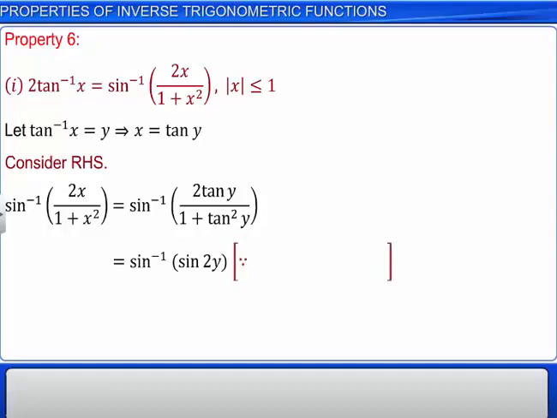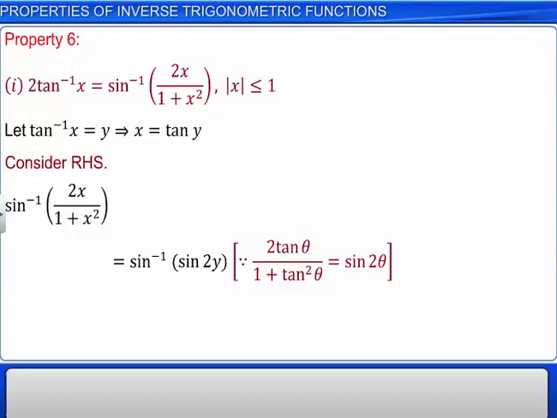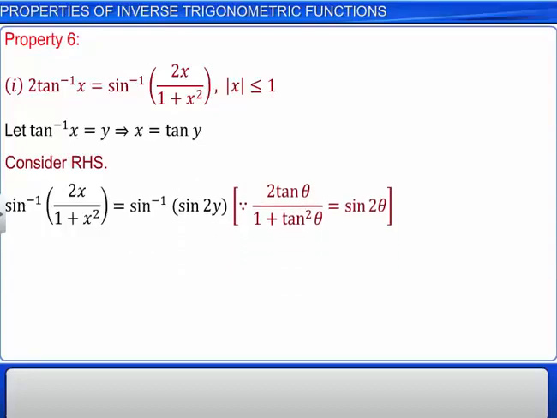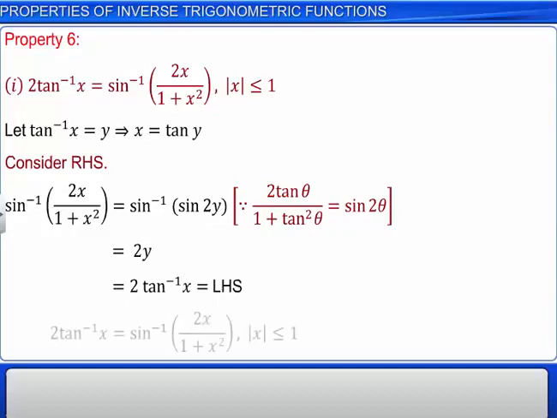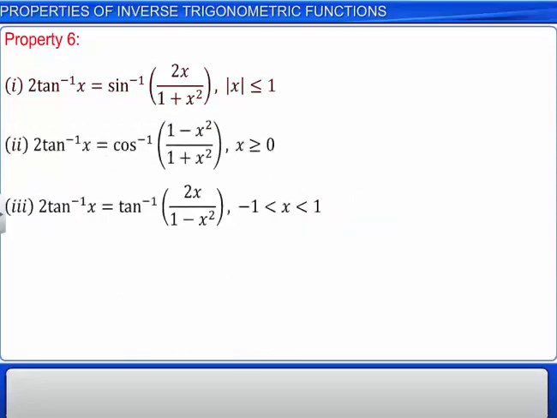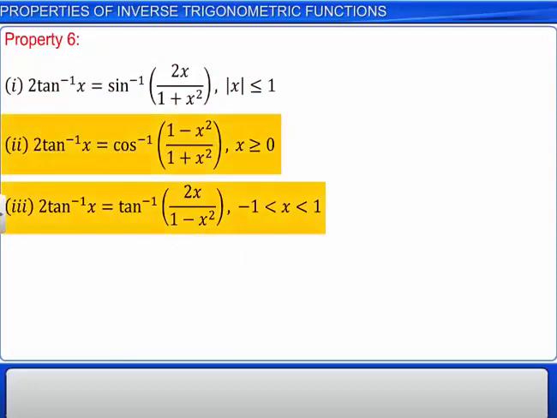This is because 2 tan theta upon (1 plus tan square theta) is equal to sine 2 theta. This is further equal to 2y or 2 tan inverse x, which is the left-hand side. Hence the result. In the same way, the other two properties can be proved.